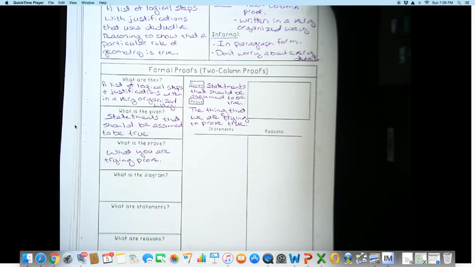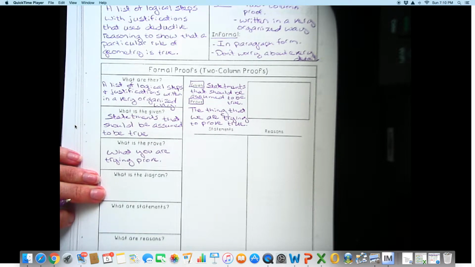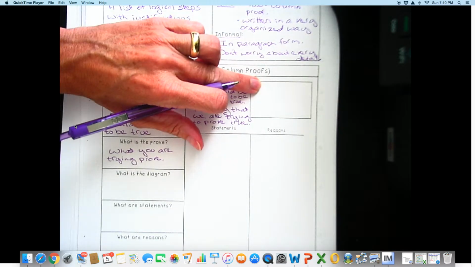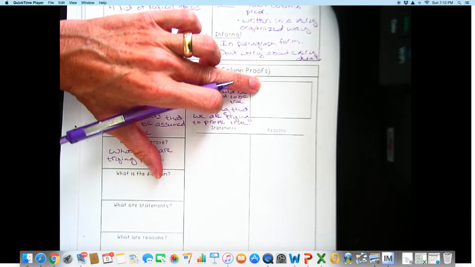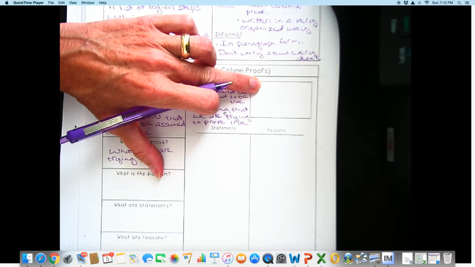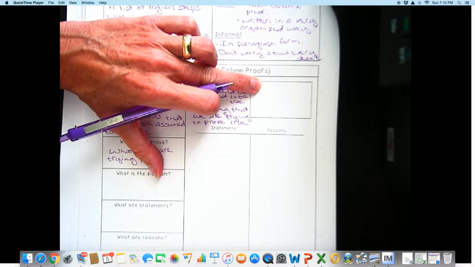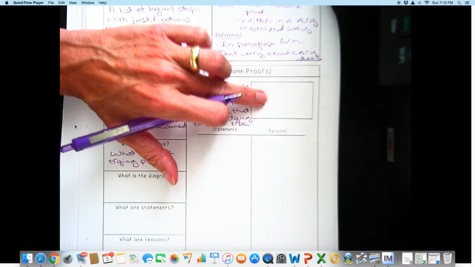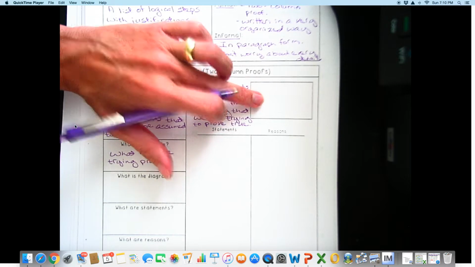Okay, what is the diagram? Well, a diagram for us right now is, we're going to put it up here, and that's basically going to be an equation. But when we get to our geometric figures, that might be a circle and a triangle, or two triangles, or quadrilaterals, or something like that. It'll be some different shapes, so it'll be pretty easy to draw that.